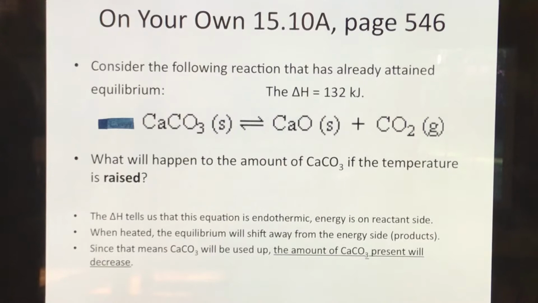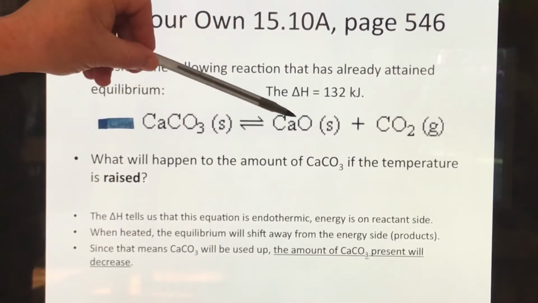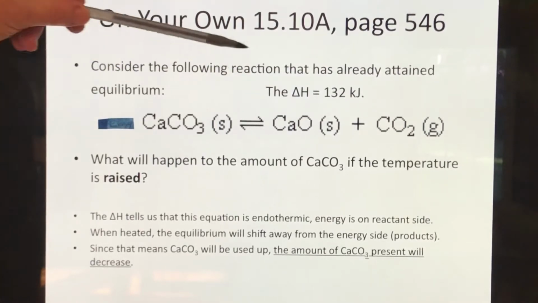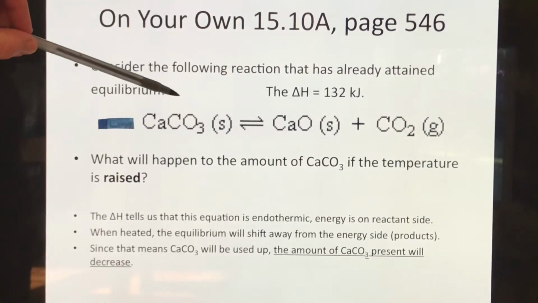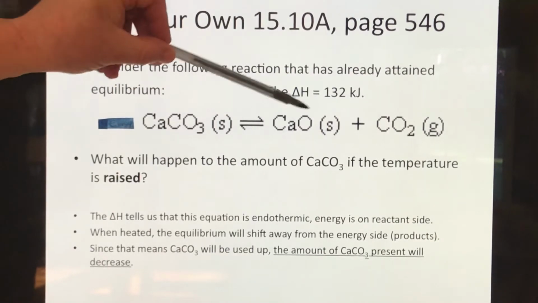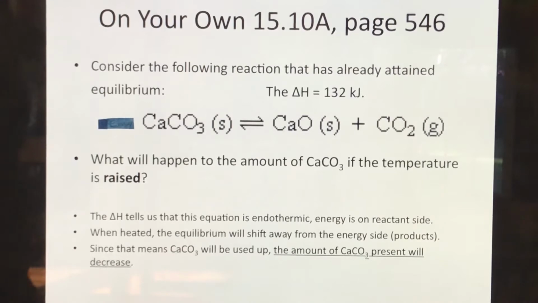From our previous examples, when it's heated, the equilibrium will shift away from the energy side, so it's going to go over to the product side. When that's shifted, it means this will be consumed and decrease, and these two would increase.